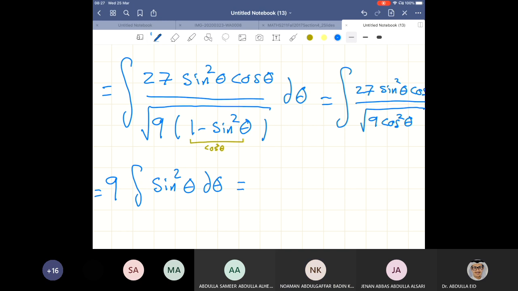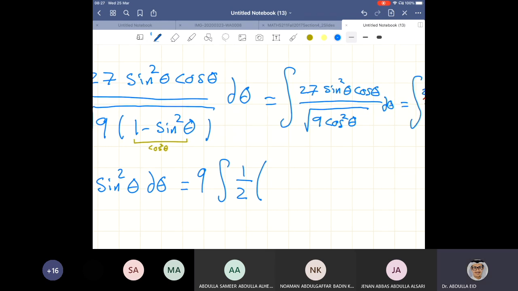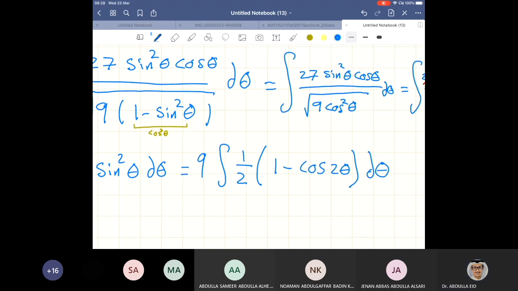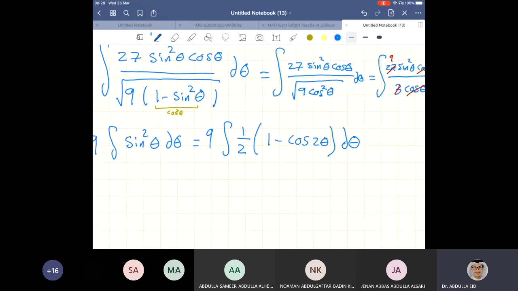No. You remember we used the double angle formula, which is 1/2, and then it is 1 minus cosine 2 theta d theta. Do you remember this double angle formula?